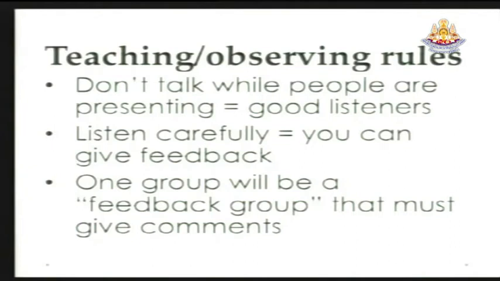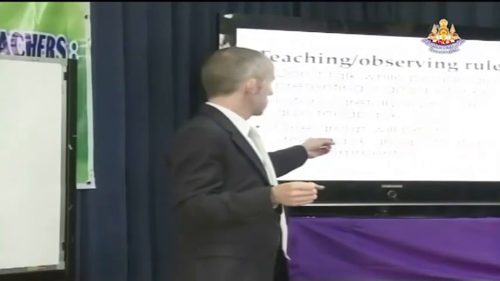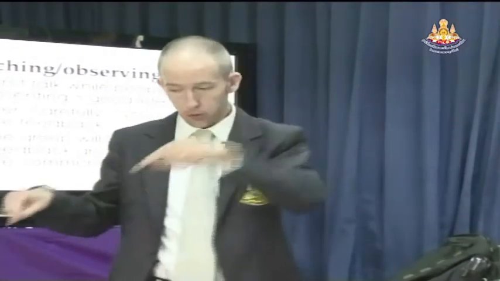So group number one is going to come up here and teach. Group number two, where's group number two? Okay, group number two, you are the feedback group. You need to listen very carefully to group number one, and then you're going to write some feedback on the board over here.